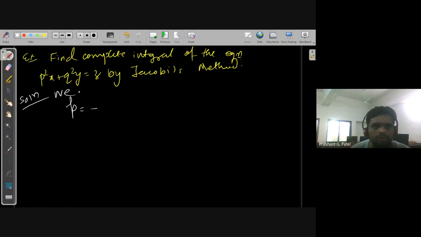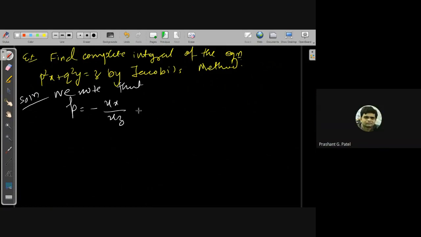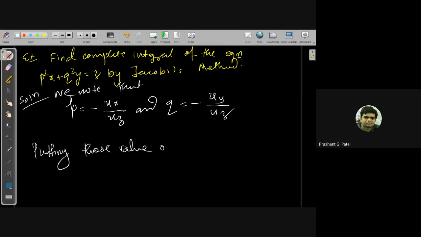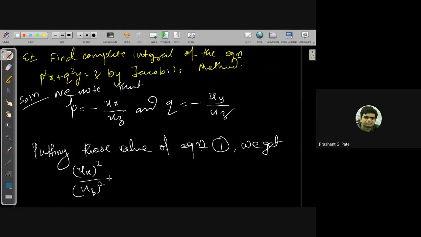We know that the value of p is minus ux upon uz and q equals minus uy upon uz. Putting these values in equation 1, we get ux square upon uz square into x plus uy square upon uz square into y is equal to z.